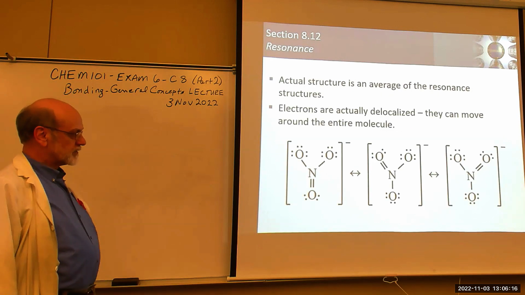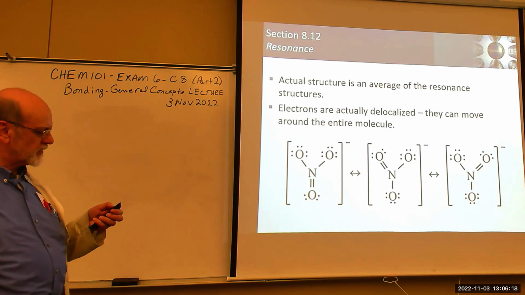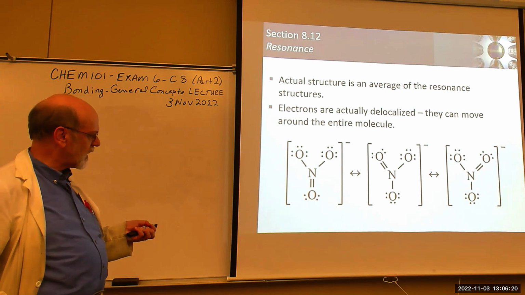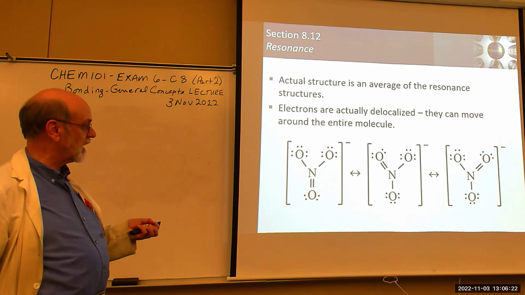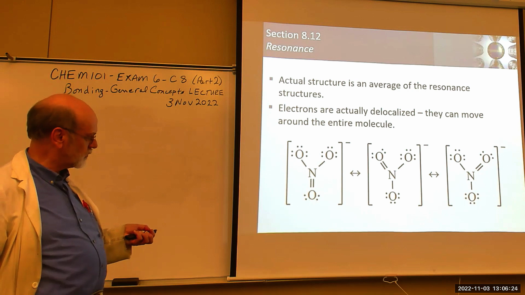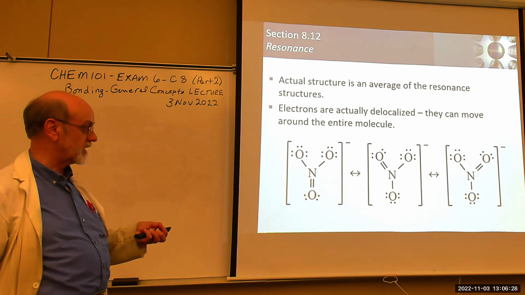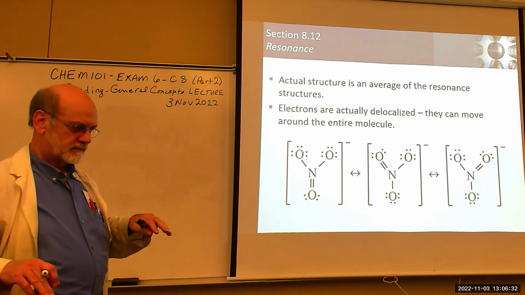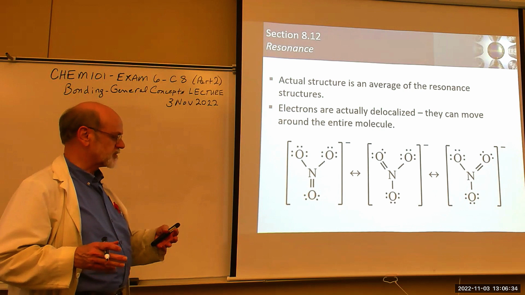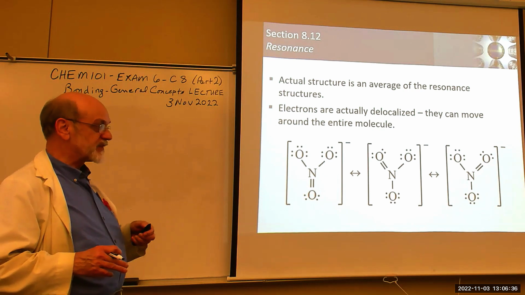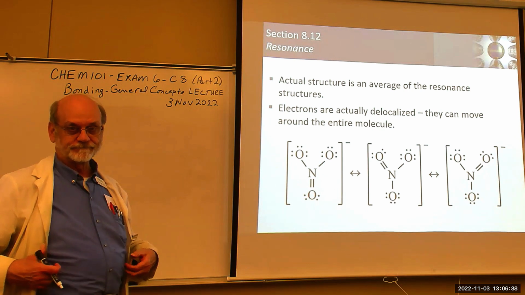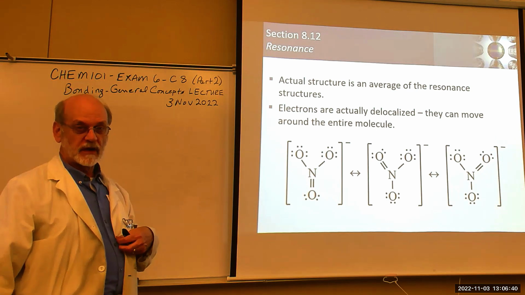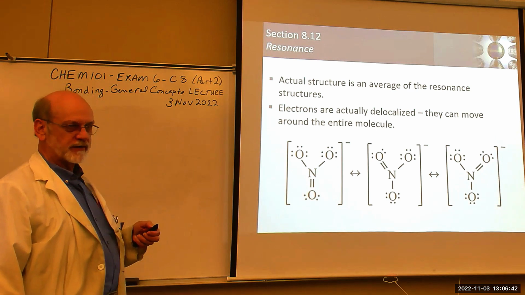Okay, so here's another example where we have the possibility of completing the octet around nitrogen with a double bond. So we took a pair from this one and made a double bond, or a pair from that one and made a double, or a pair from this one and made a double. Okay, so these are all valid Lewis dot structures, and we can't say which one to choose from. So we come up with a fix.